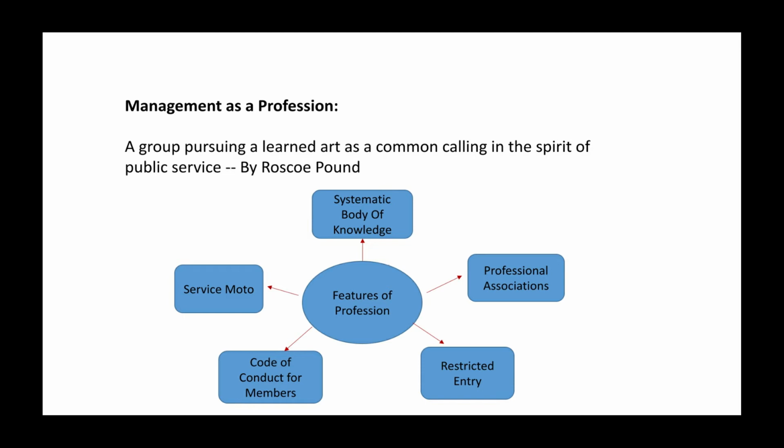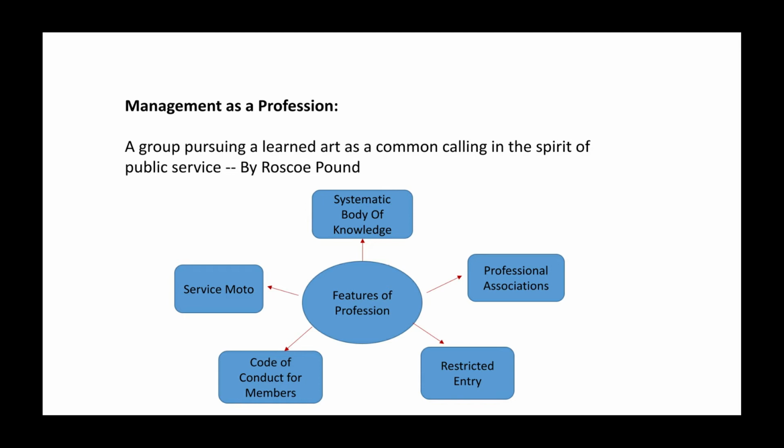One is a systematic body of knowledge. Then professional associations associated with the profession, restricted entry, a code of conduct for members, and a service motto. These are the things which play a very important role with respect to management as a profession.